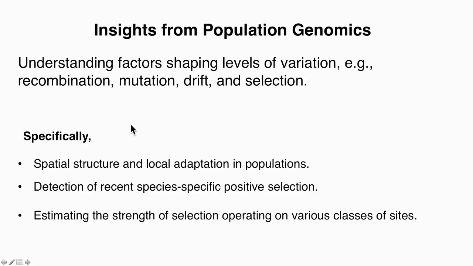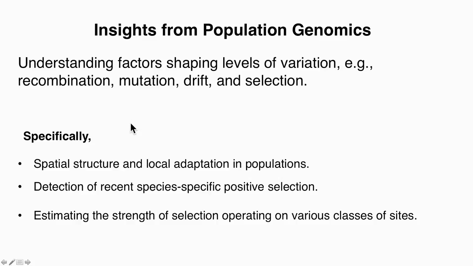More specifically, population genomics has allowed us to detect spatial structure and local adaptation in populations, as well as recent species-specific positive selection and estimating the strength of selection operating on various classes of sites.